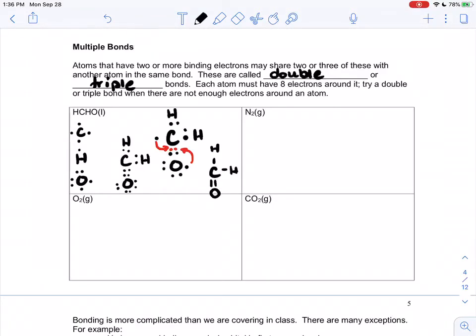All right. We're going to do O2 next. We're going to work our way down and across today. So with oxygen, again, it's got 6 valence electrons and it's bonded to itself. So here's oxygen with its 6 valence electrons. It's going to bond with another oxygen with 6 valence electrons.